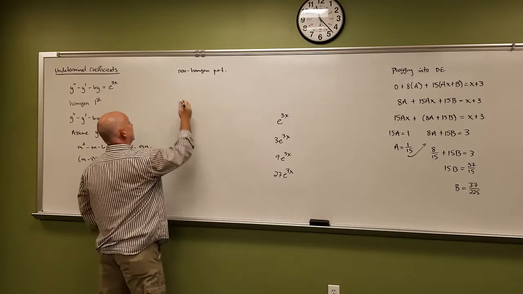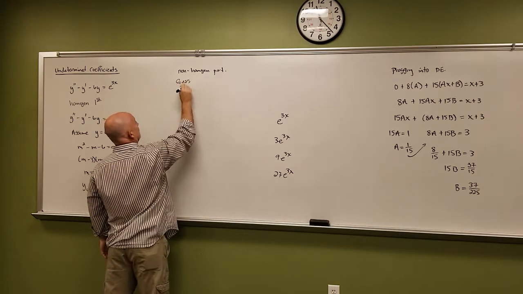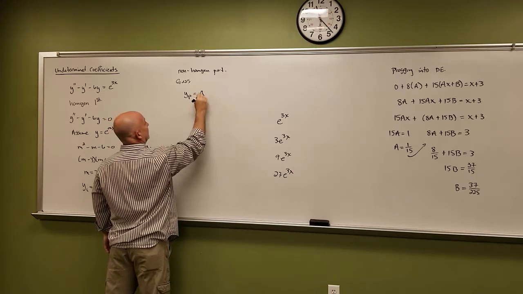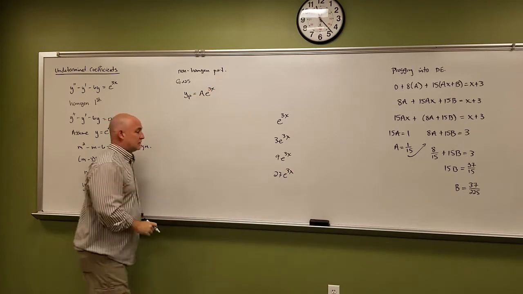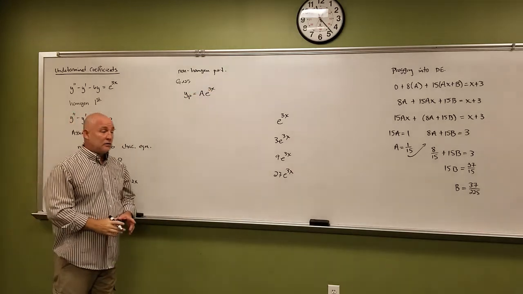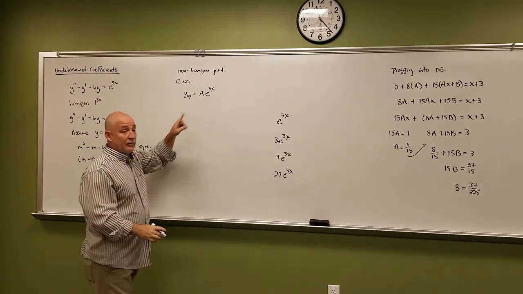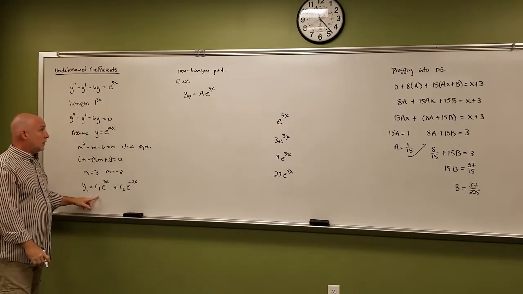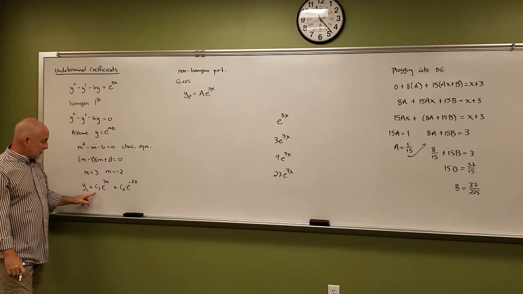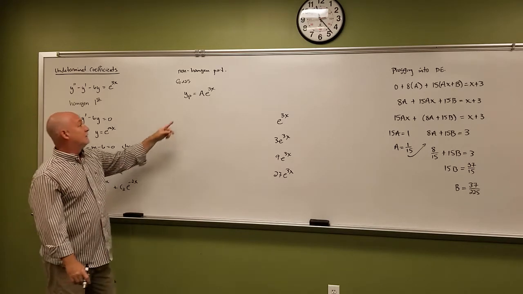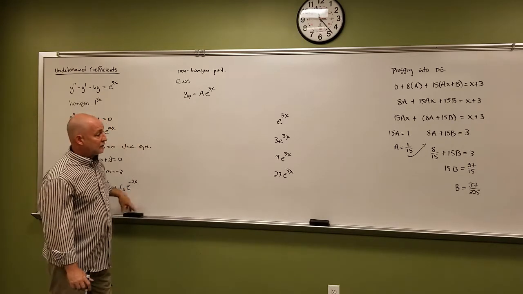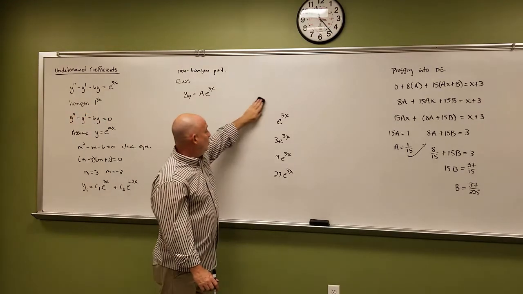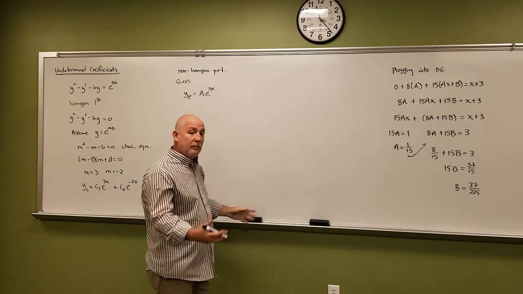So my guess will be something times e to the 3x. Now you've got to check, does this piece appear anywhere over here? And it does. Our first piece is a number times e to the 3x. That's a number times e to the 3x. Now, we can figure out what we might have to do here.